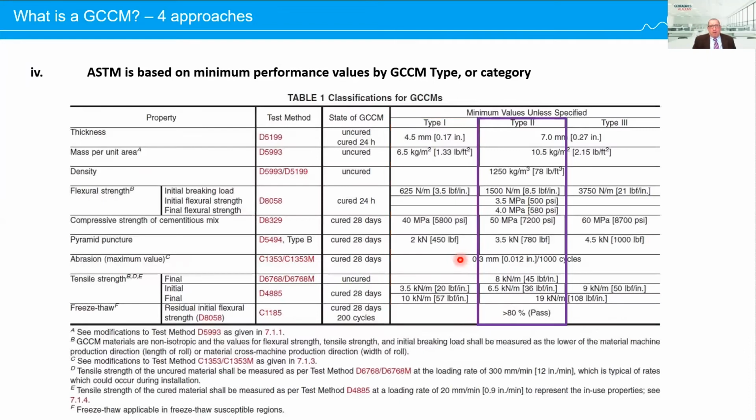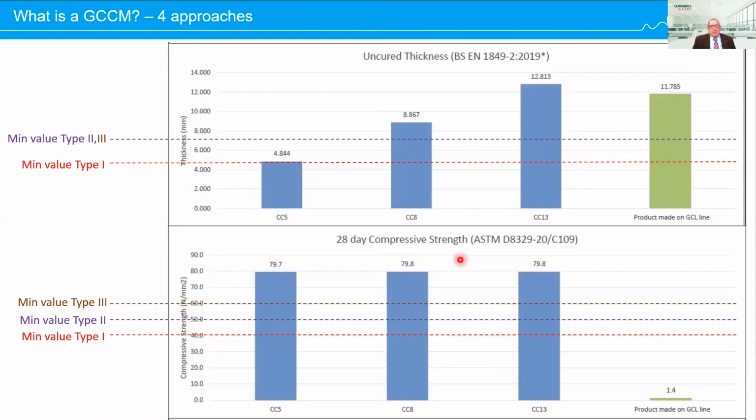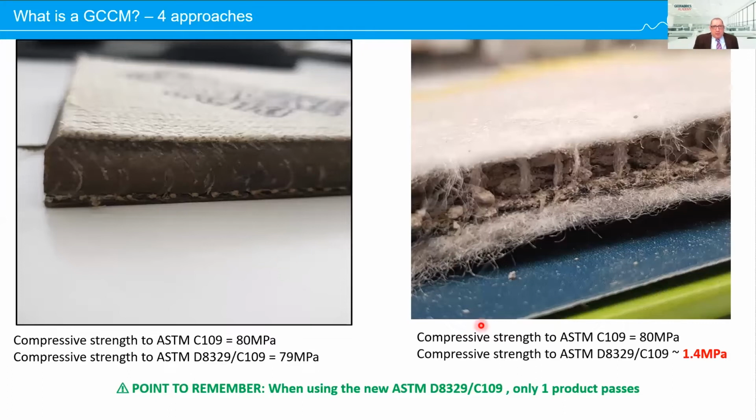What you've got to be mindful of, guys, is that both of these products, if you take the mortar out and mix it to 0.3 water cement ratio according to ASTM C109, they both achieve 80 MPa. But when you determine the actual water cement ratio according to the new standard ASTM D8329, then test it in compressive strength, you see that this product achieves 79 MPa, a little bit less than the optimal value, but this product with all the void spaces is around 1.4 MPa.